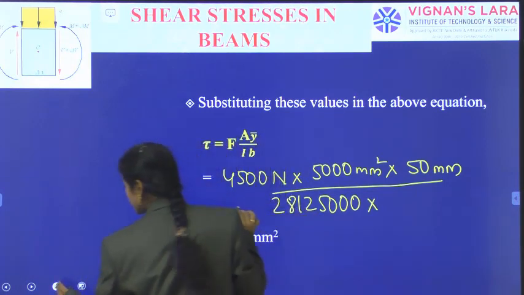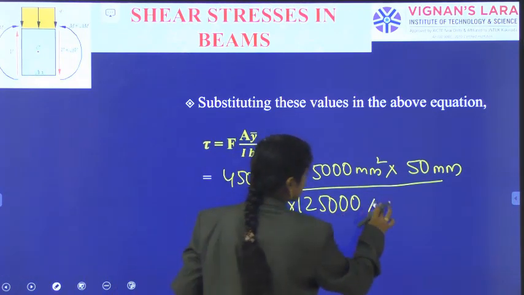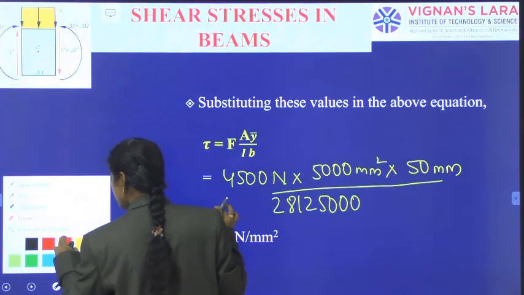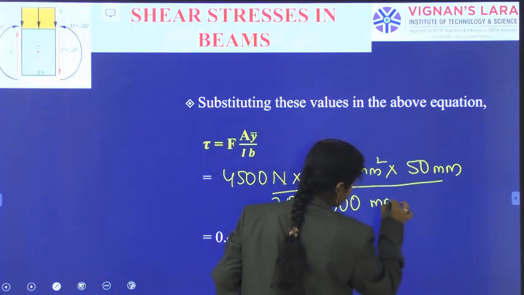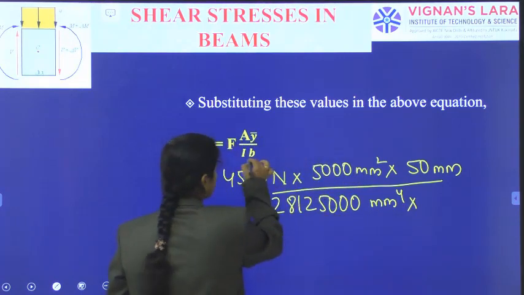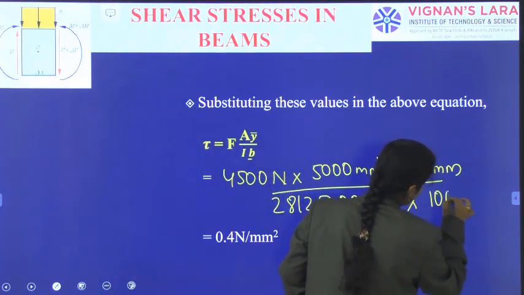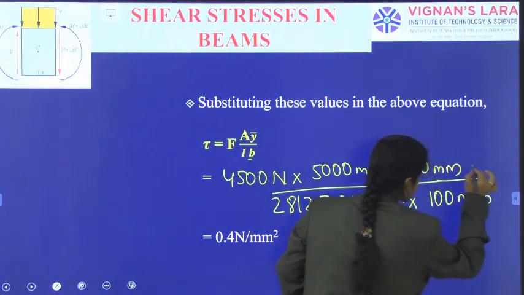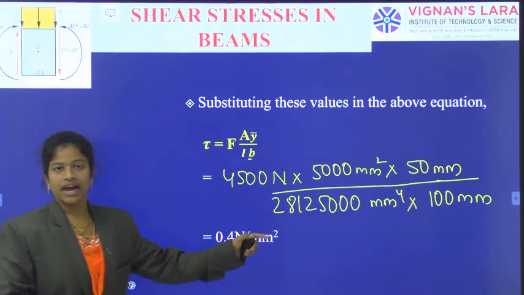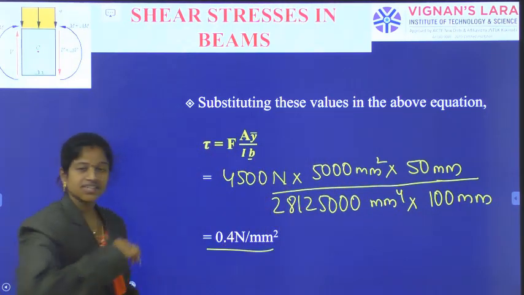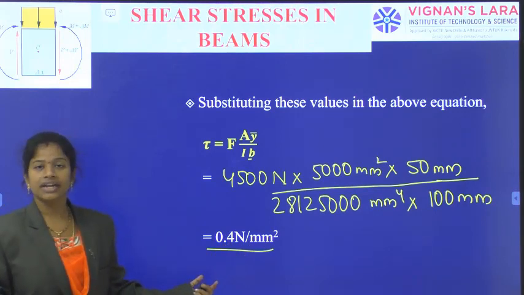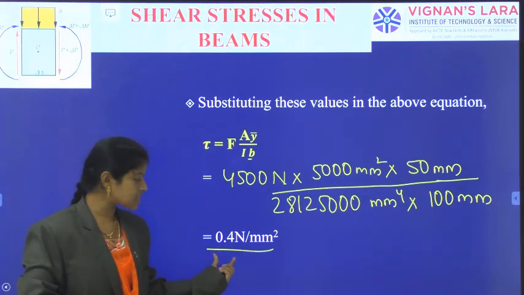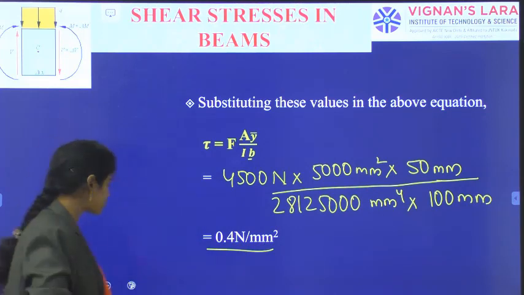If you want, you can write the units as well for clarity. And B, the width of the beam, is 100 mm. Substituting all these values, I have got the shear stress at a distance 25 from the neutral axis as 0.4 Newton per mm square.